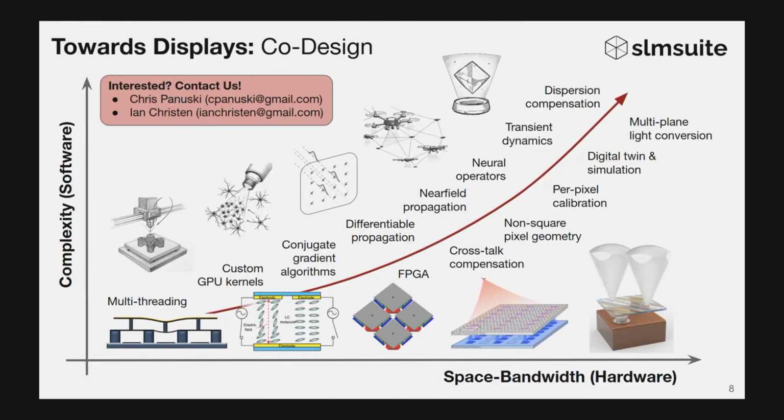So again, this just goes towards the idea of the co-design that we want to do, which is that there are hardware-specific limitations of each one of these devices, whether it's the crosstalk that's inherent in liquid crystal devices, or whether it's a non-uniform response, let's say, of the spring constant in these DMDs or phase light modulators. Now we want to use the software to correct for those, because oftentimes it's more difficult to perfectly correct the hardware.